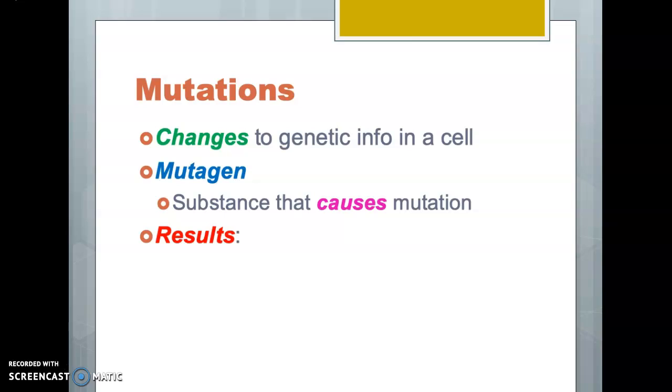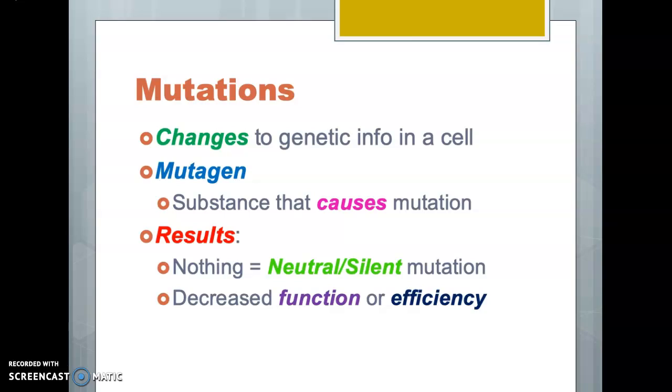Some substances that are mutagens could be ultraviolet radiation, it could be environmental toxins, could be just any type of substance that can cause a change in the DNA. But the results, this is going to sound really familiar because we talked about mutations in terms of natural selection. Most of the time, mutations are neutral or silent, and that has no impact on the protein that's produced.